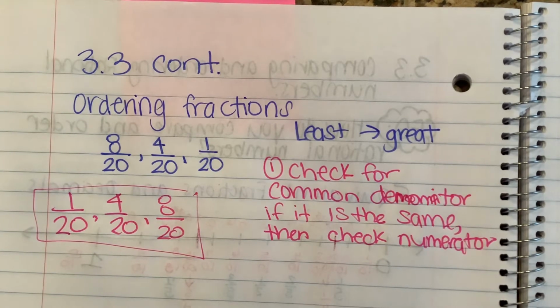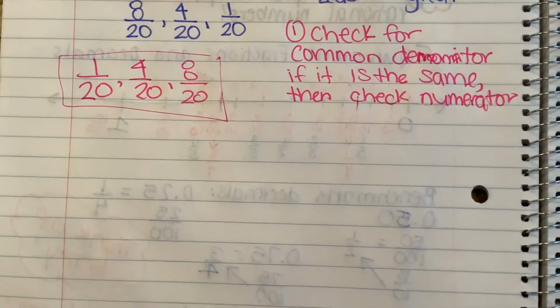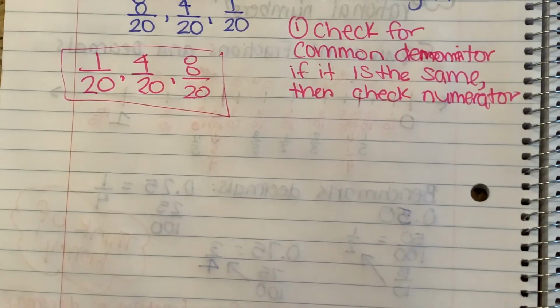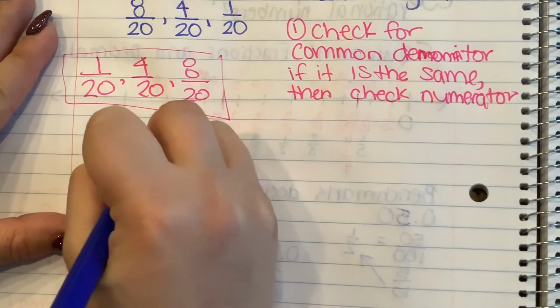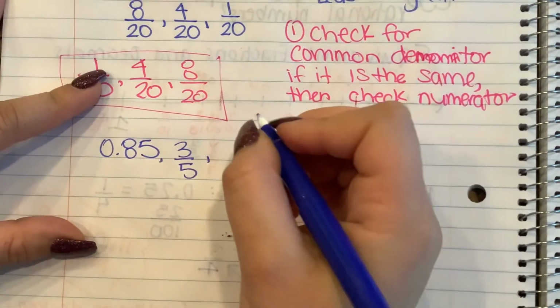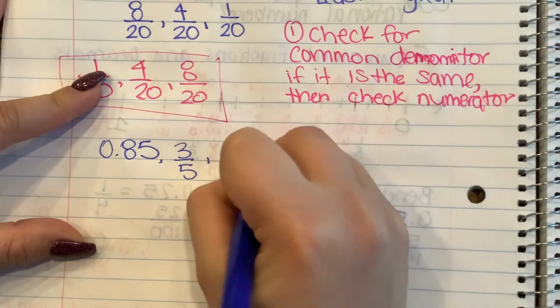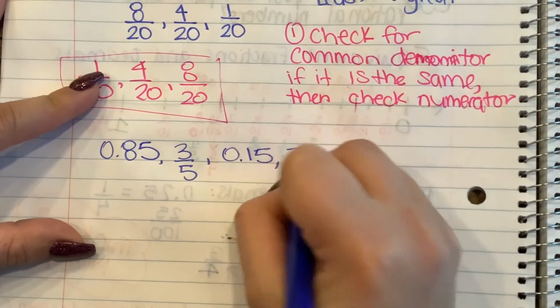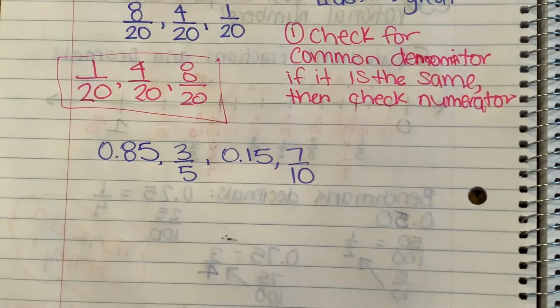Now, what if you had a mix? What if you had some fractions and some decimals to deal with? What might you do then? Let's take a look at this next example. We're still ordering from least to greatest, except for this time we have 85 hundredths, we have 3/5, we have 15 hundredths, and 7 over 10.